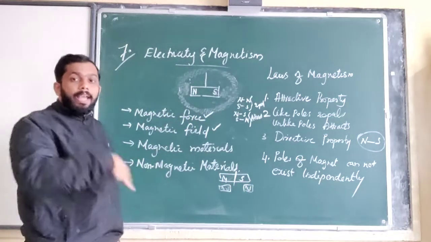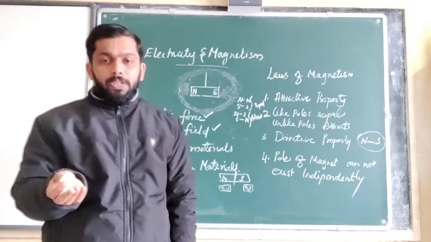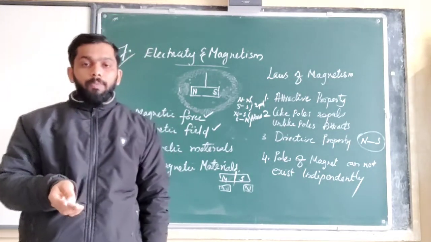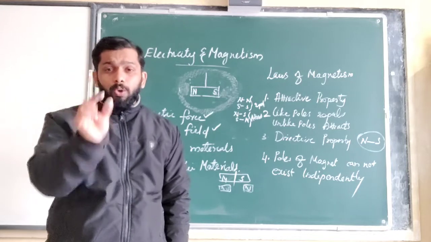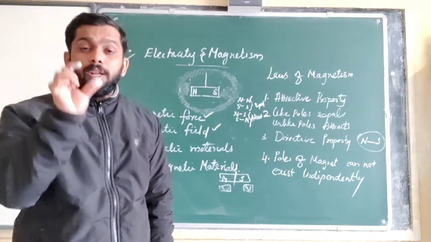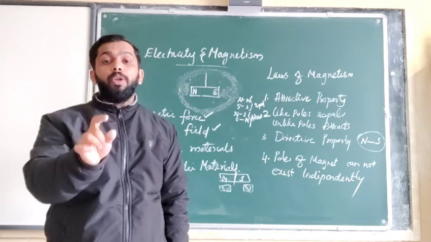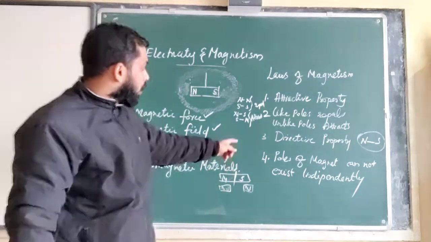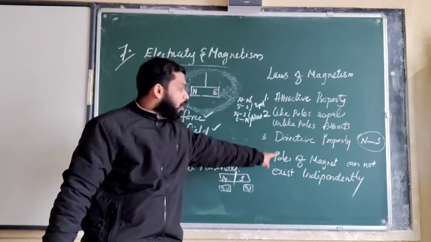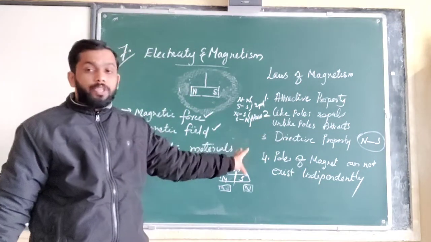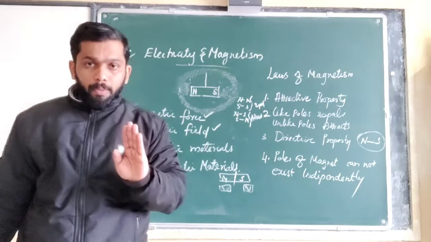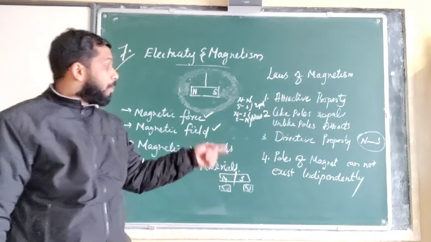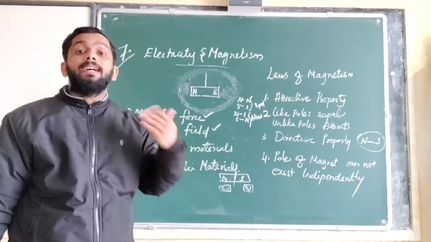If you break this again you will get 4 pieces. These 4 pieces will have both north pole and south pole. If you break the magnet into the minutest part, the smallest part also is going to have both the poles, north and south. So the fourth law is poles of magnet cannot exist independently, or in a short way we can say that poles of the magnet exist in pairs.